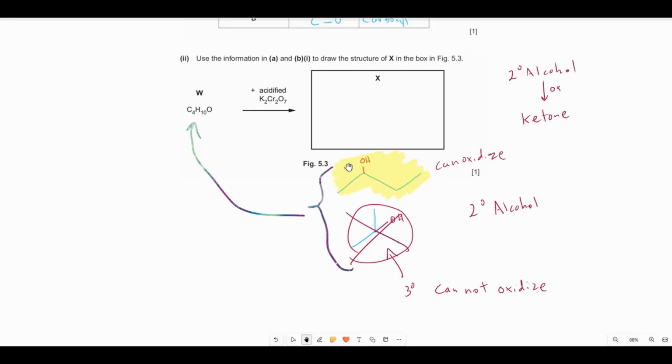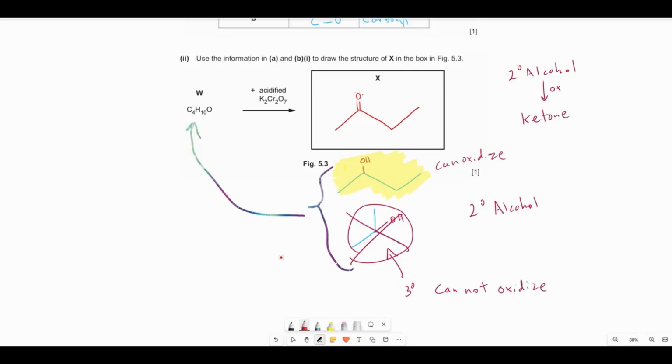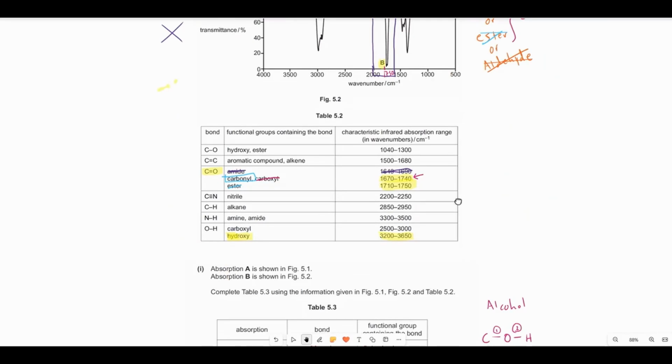So what does this secondary alcohol get oxidized into? It gets oxidized into the ketone that has the exact same structure, but instead of an OH has an O double bond. So this is what X is. And it fits all our data. It fits everything that we were told about W and X. This is made from this. This is an alcohol, which the IR for W fits.